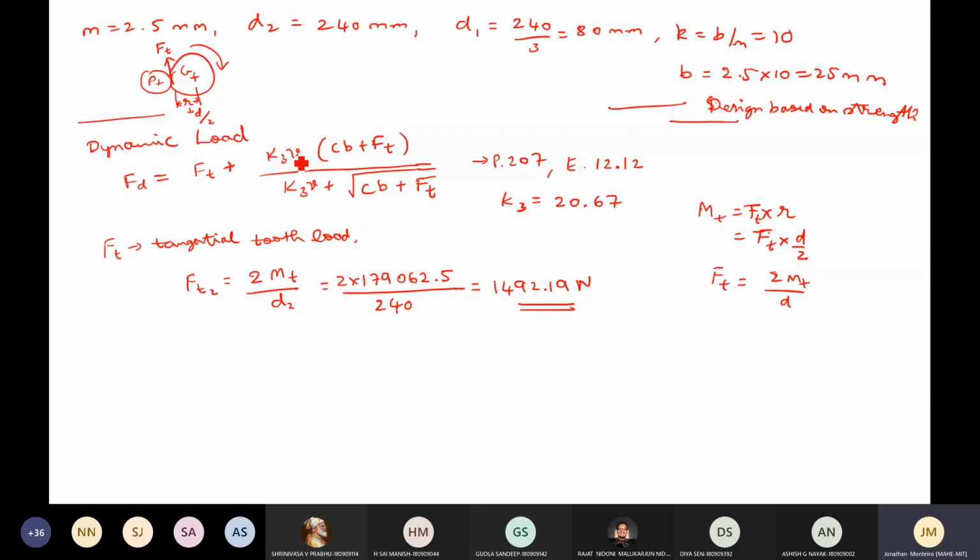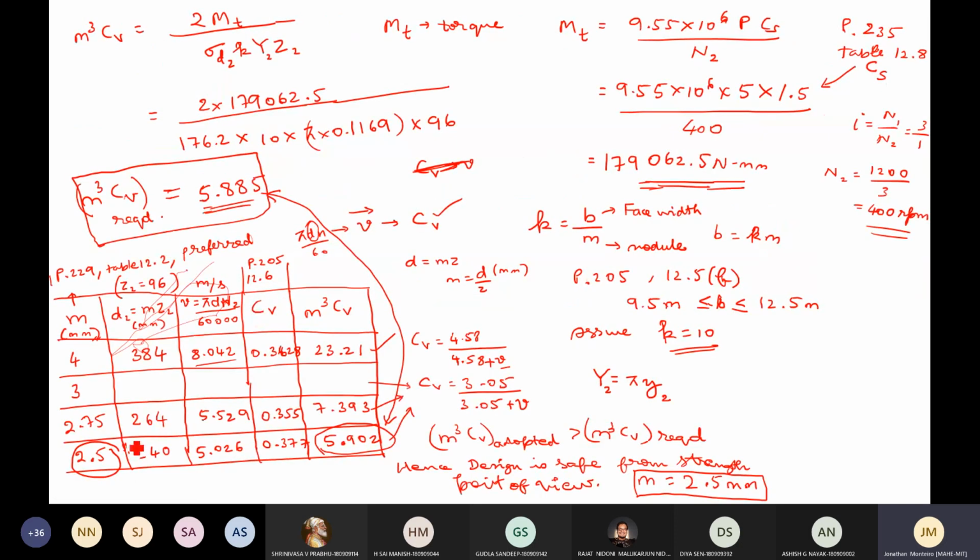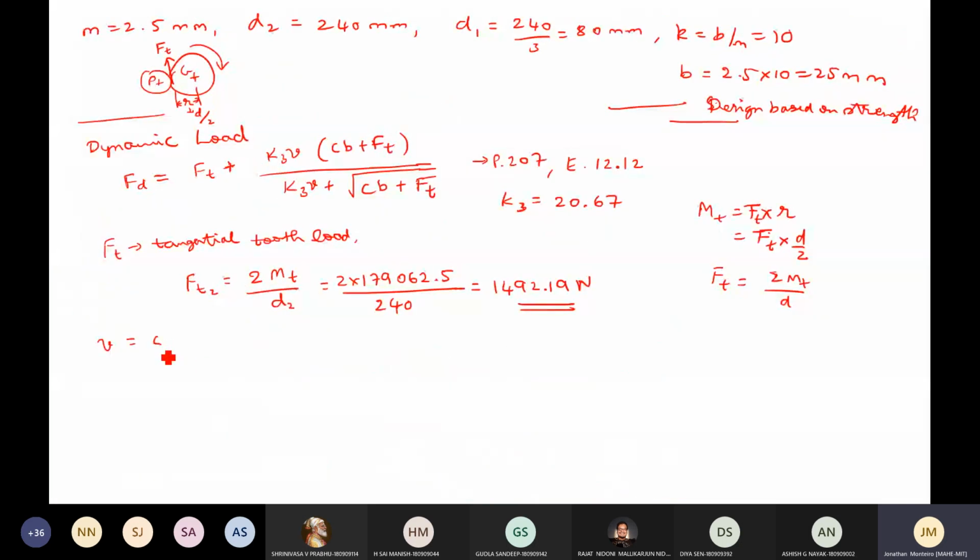What about velocity V? We have calculated. Let us go back to the table, which is the value that you have selected, 2.5 mm module. So for that one, which is the velocity? Here is the velocity, 5.026 meters per second. So V is 5.026 meters per second.